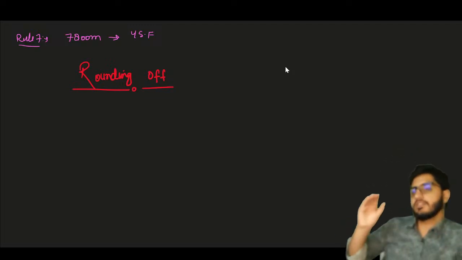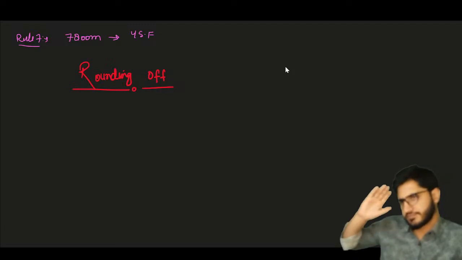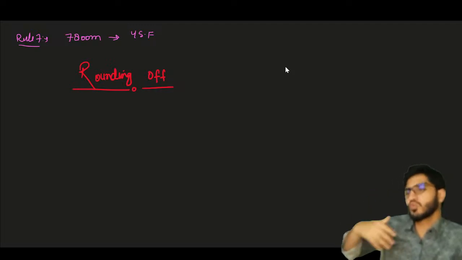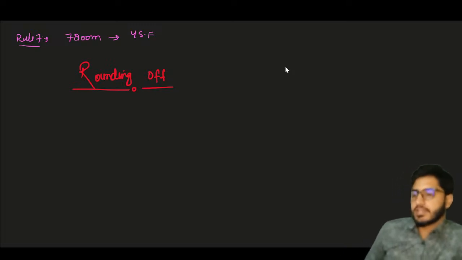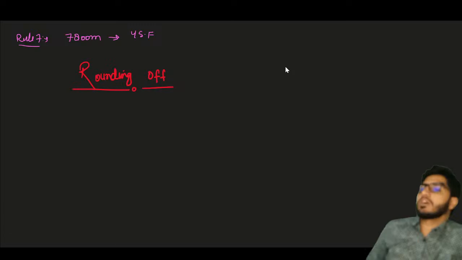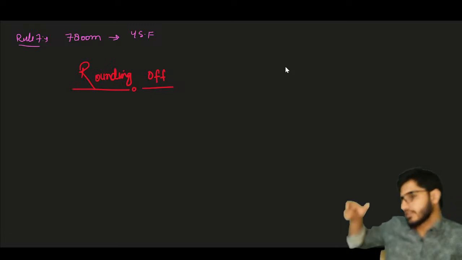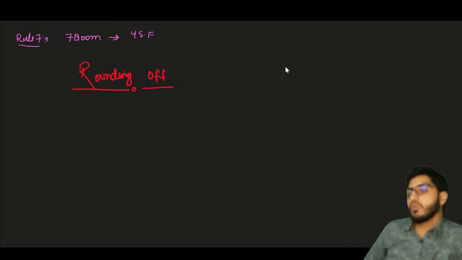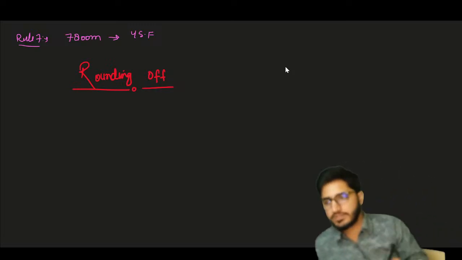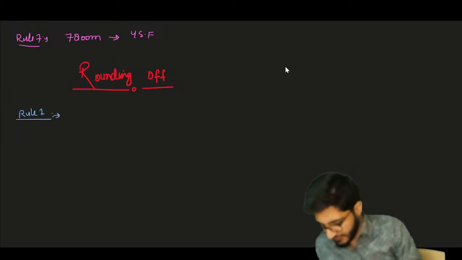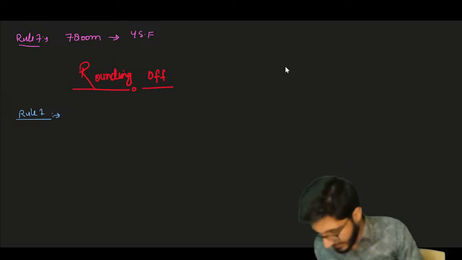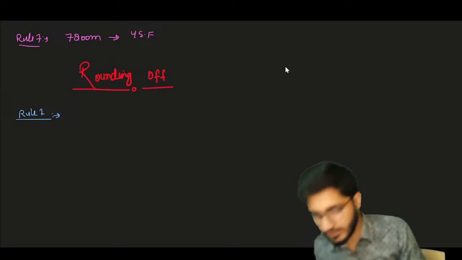If in our calculation or measurement more than one uncertain digit is present, and we want to get it to a specific number of significant figures, how can we do it? We have some rules to get it done, in which we have rule number one.